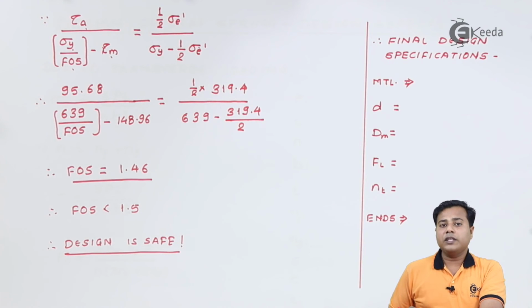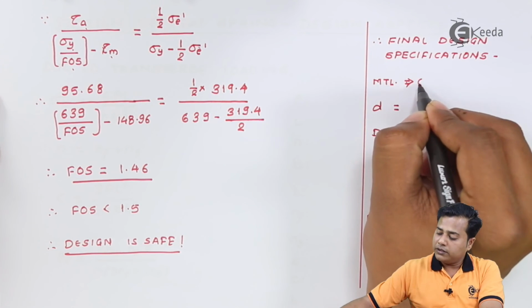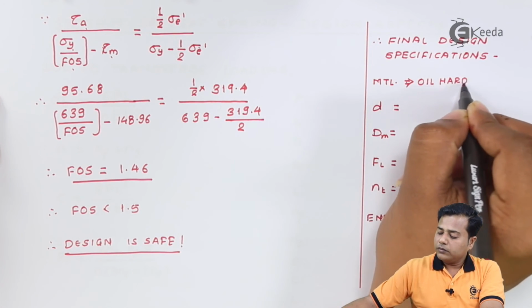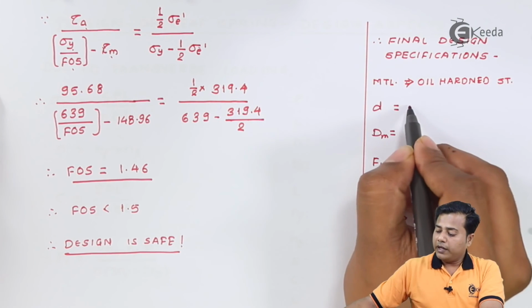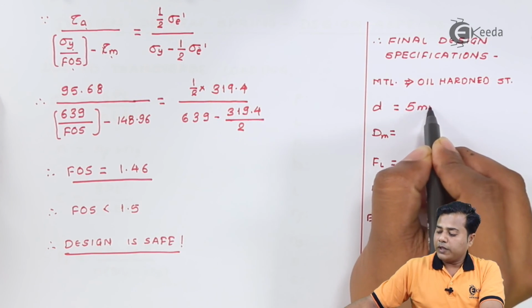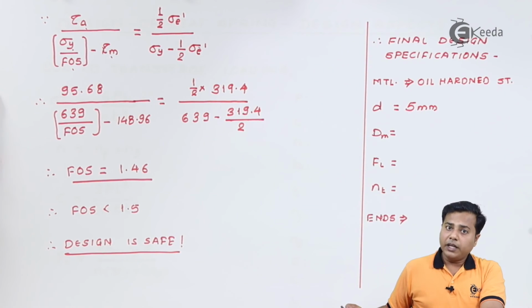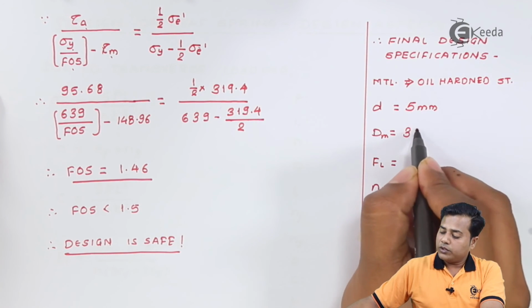So let's quickly summarize the output of our problem. So final design specifications: the material is oil hardened steel. The wire diameter which was found out was 5 millimeter. The mean diameter of the coil was 30 millimeter.